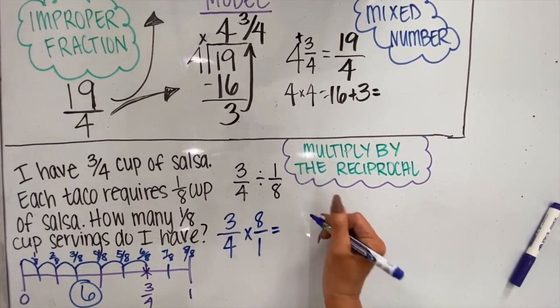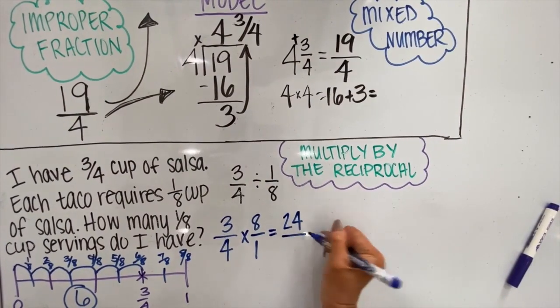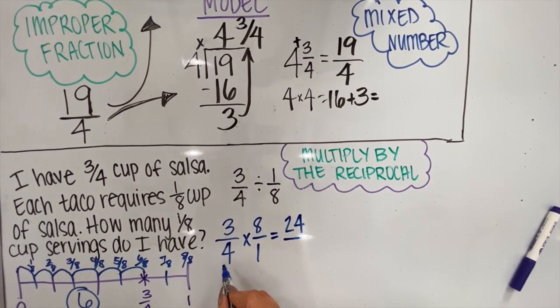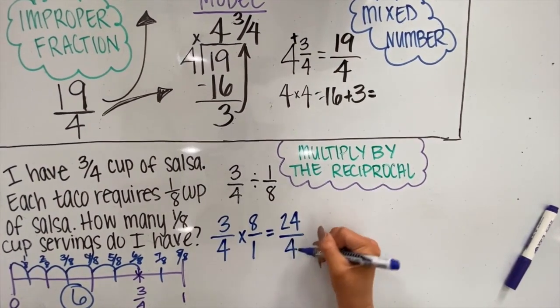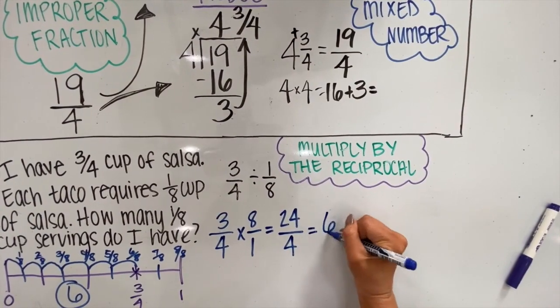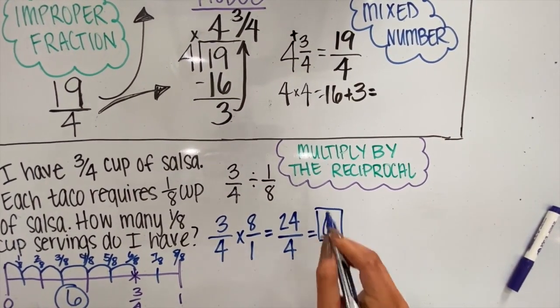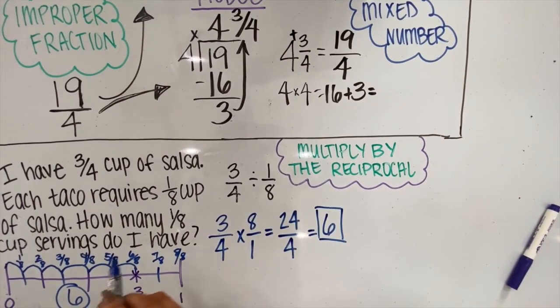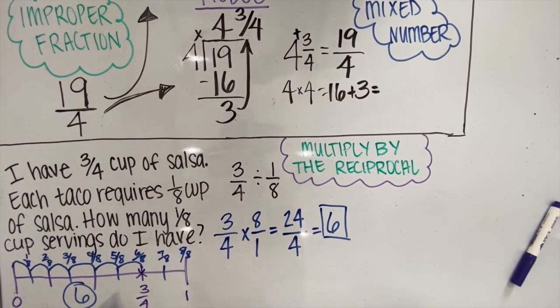I'm going to multiply my numerators, 3 times 8, which gets me 24. And then I'm going to multiply 4 times 1, my denominators. This gives me 24 over 4. This can be reduced to 6. There are 6 sets of 1/8. So that means that I could essentially make 6 tacos.